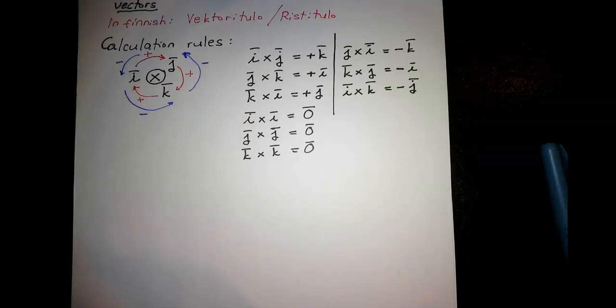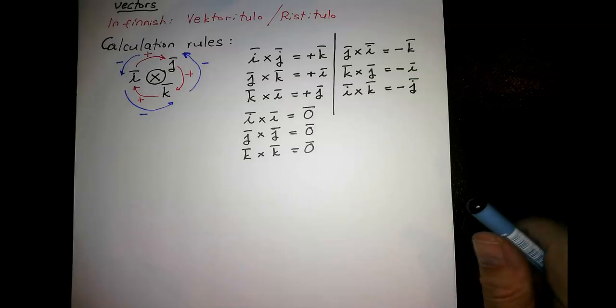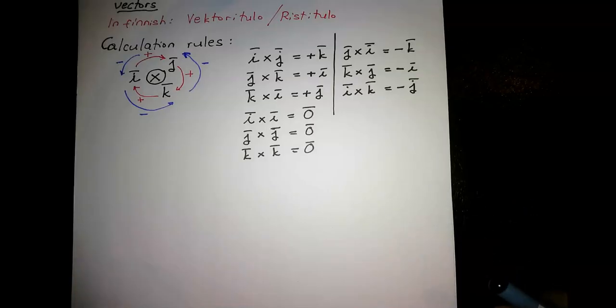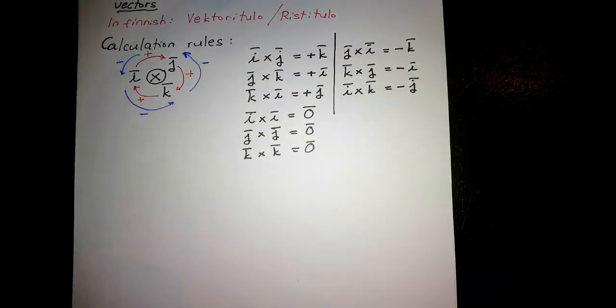I will take an example, and then I will show another method to calculate the cross multiplication. In that way, it is easier to use, because you don't actually need to memorize these kinds of things.